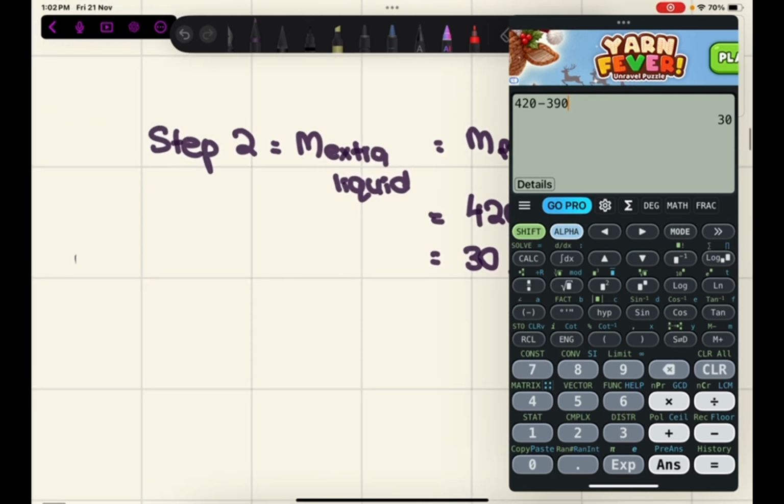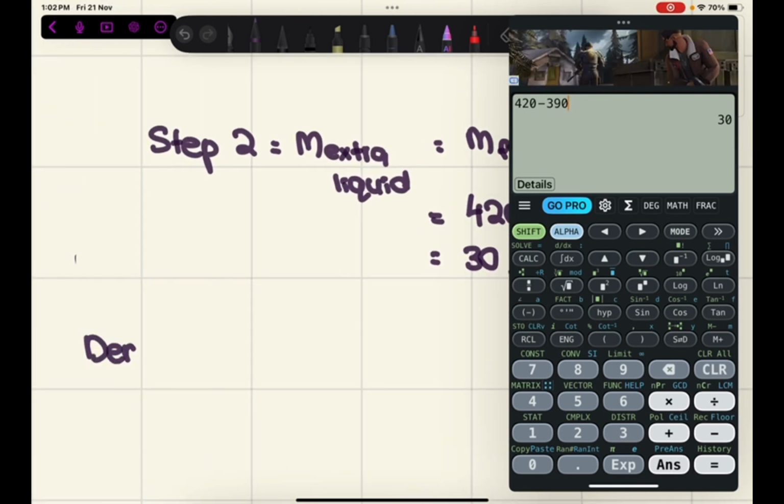So formula for density, it's okay, just do it step by step. Density equals mass over volume.